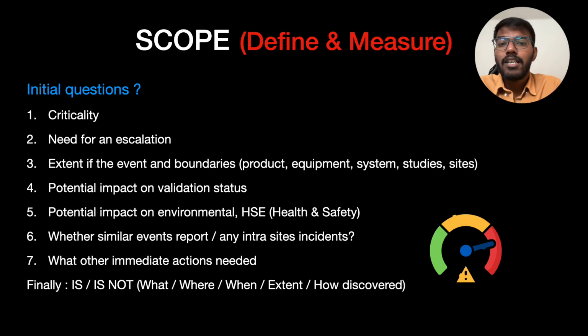To give you an example, how is it discovered? It is discovered by the consumer. How is it not discovered? It is not discovered by quality checking. So what is missing? Is there a problem with the inspection team? You answer all the is and is not, which gives you a really good idea.